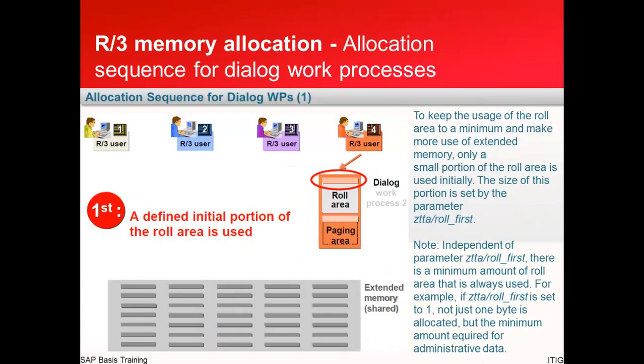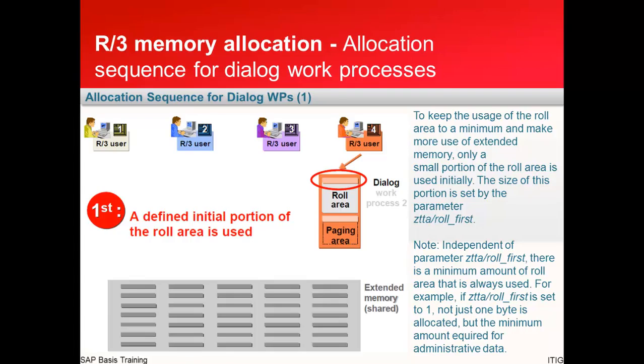Okay, R3 memory allocation. Allocation sequence for dialog work processes. The first thing is that a defined initial part of the role area is used. To keep the usage of the role area to a minimum and make more use of extended memory, only a small portion of the role area is used initially.